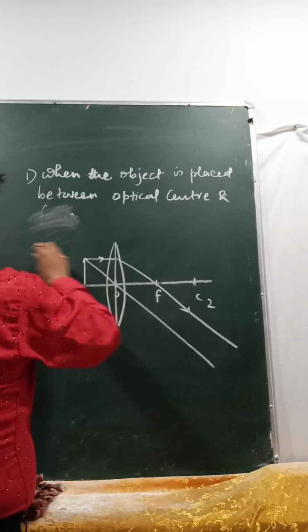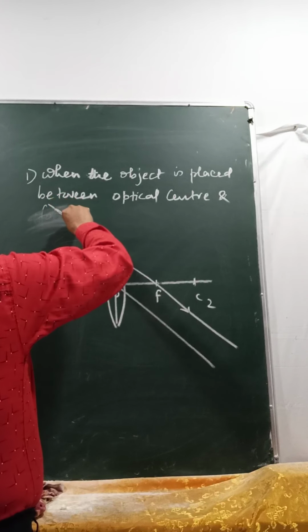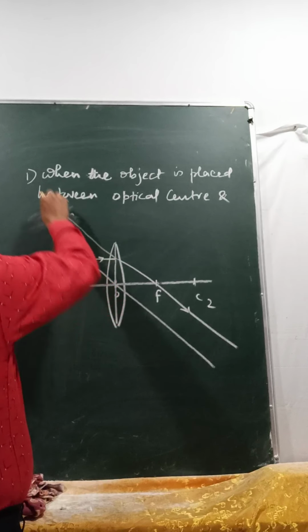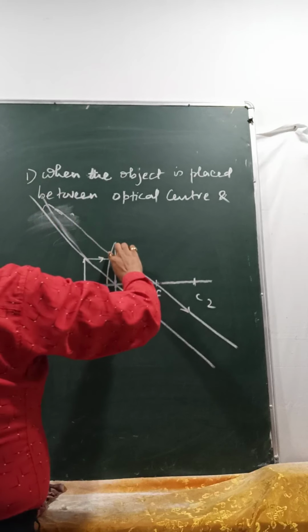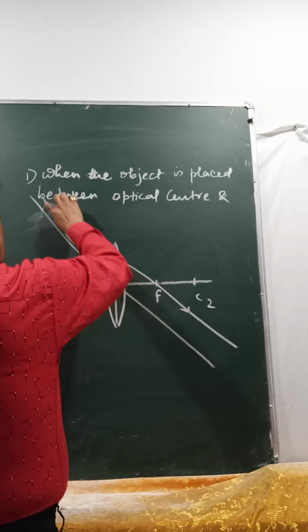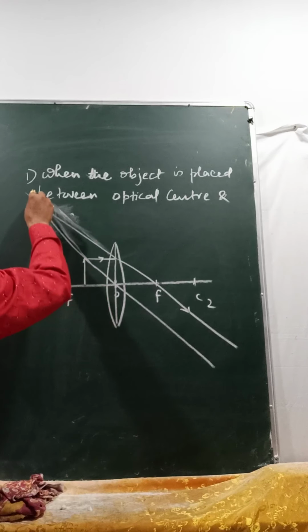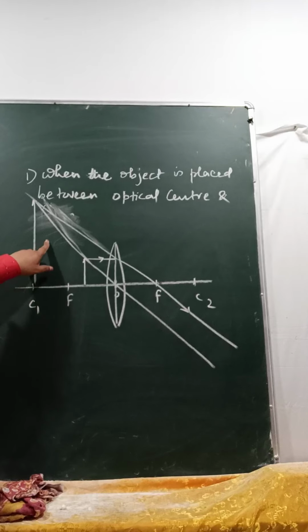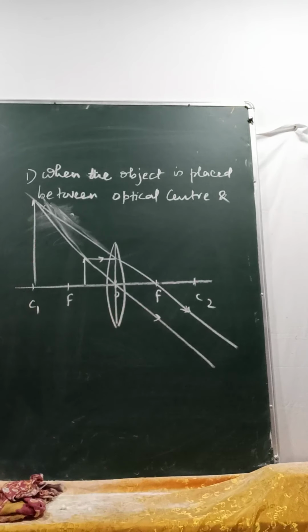So if we extend it, we will find the image is formed somewhere here. So this is a virtual image because this is not the real convergence of rays.